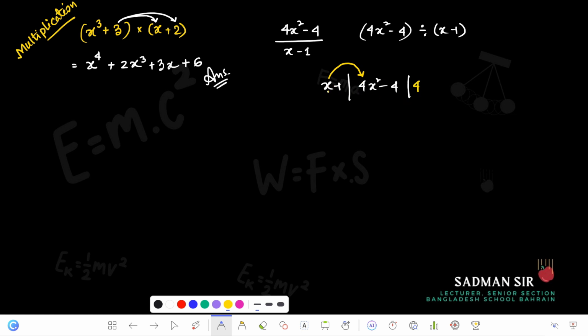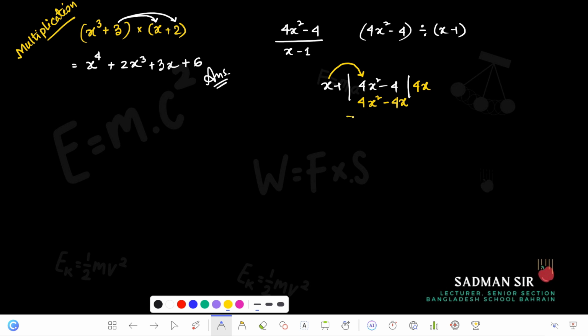And then we have x here, but we need x square, so that means I also need to multiply by x. So 4x into x gives me 4x square, and this 4x will also be multiplied with minus 1. So minus 1 into 4x will be minus 4x.